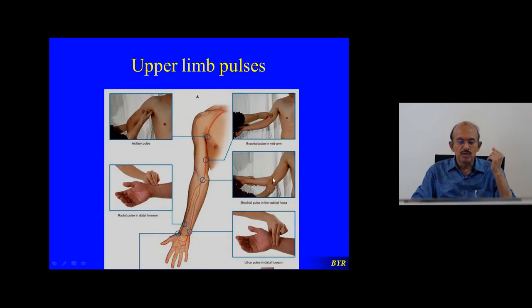Similarly, in the cubital fossa, also you can feel the brachial pulse. The ulnar artery pulse is felt just lateral to the flexor carpi ulnaris tendon. Just medial to the flexor carpi radialis tendon, over the front of the radius at the lower end, you can feel the radial artery.